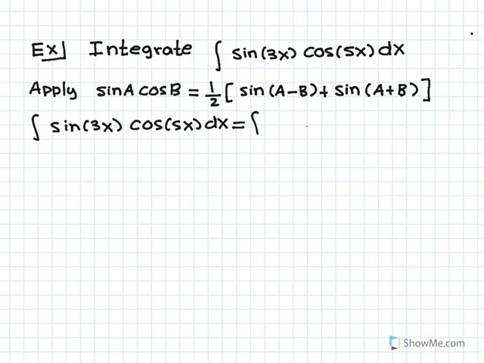So we have the integral of sine of 3x cosine of 5x dx. That's going to be equal to the integral of 1/2 times sine of a minus b. Well, a is 3x and 5x is b.